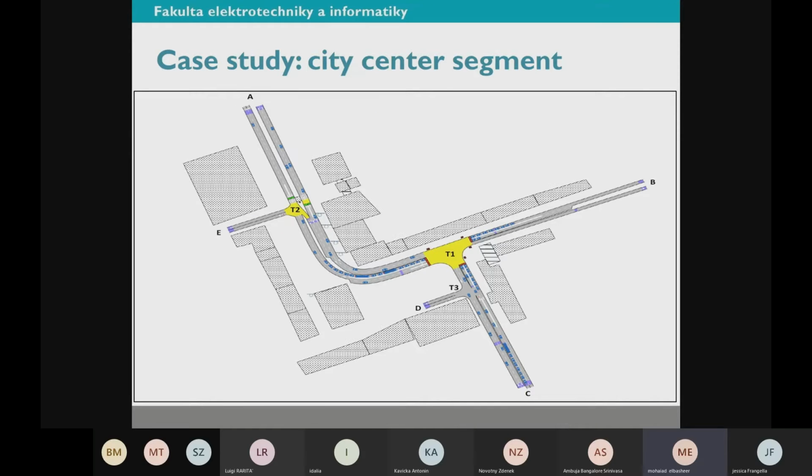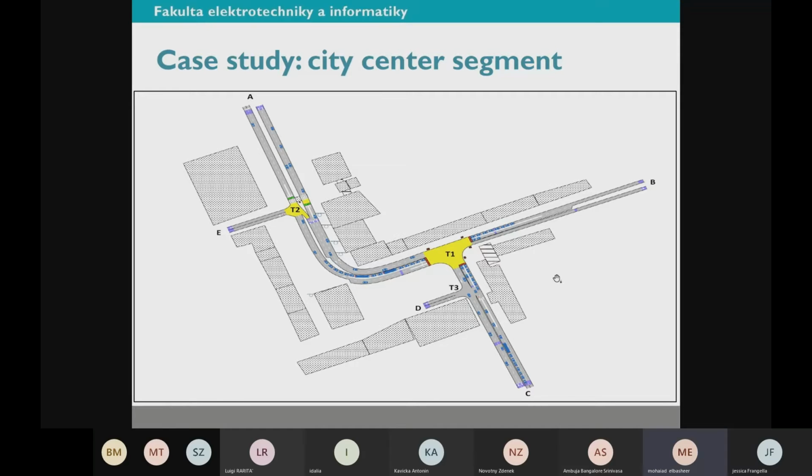Let's jump to our case study. Our case study is connected with a city center segment in the city of Pardubice. You can see it on the screen. This segment is composed of 3 intersections.